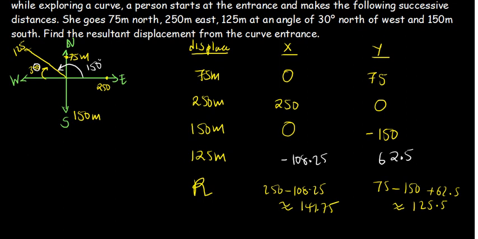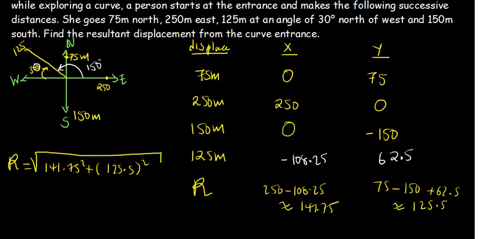So you know the x component, you know the y component. You can now find the resultant, which is going to be the square root of the x component squared plus the y component squared. So that would be 141.75 squared plus 12.5 also squared. Let me see, there's a negative that I've neglected.